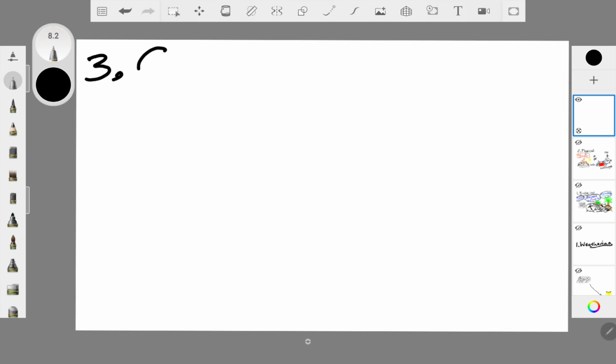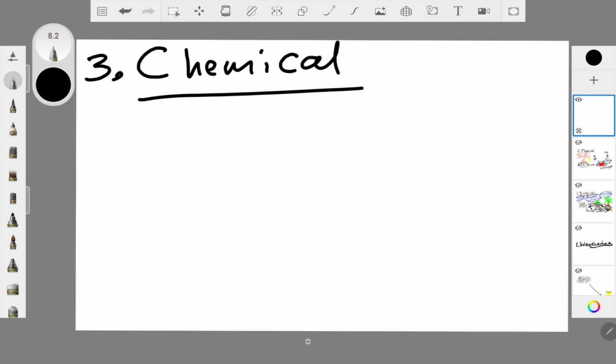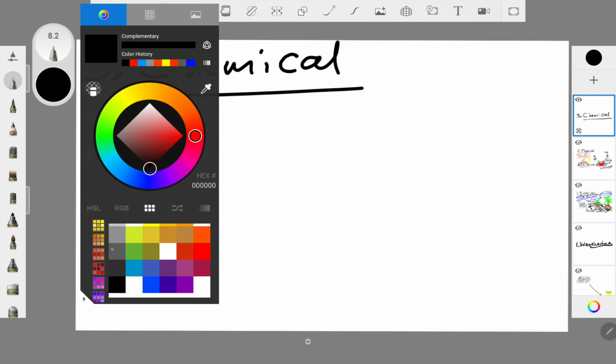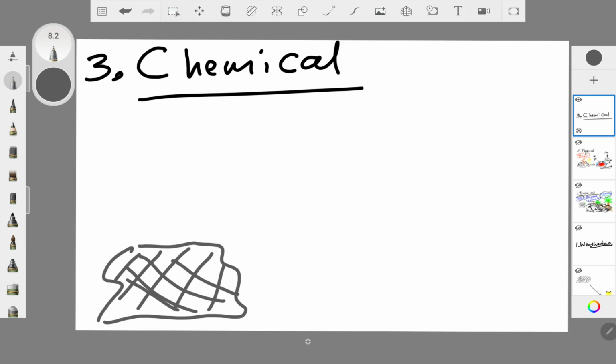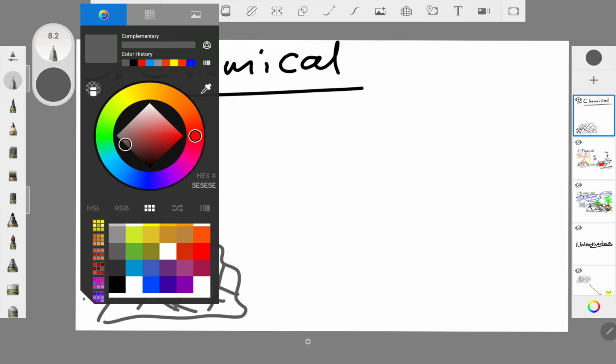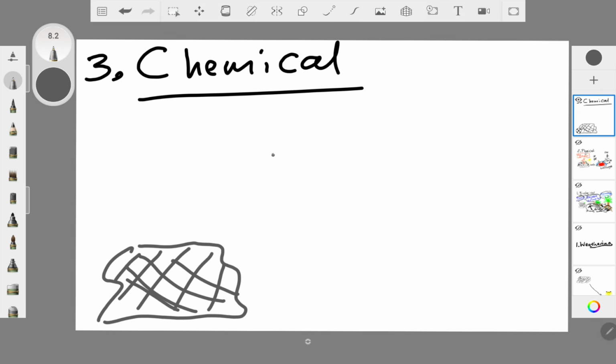Now, very quickly, let's go over number 3. Chemical weathering. Okay, let's get my rock down here. If you think back to semester 1, we talked about things like sulfuric acid.